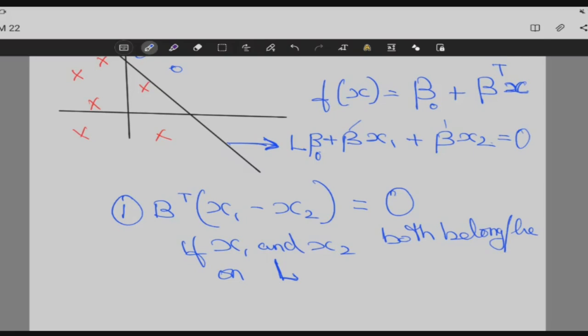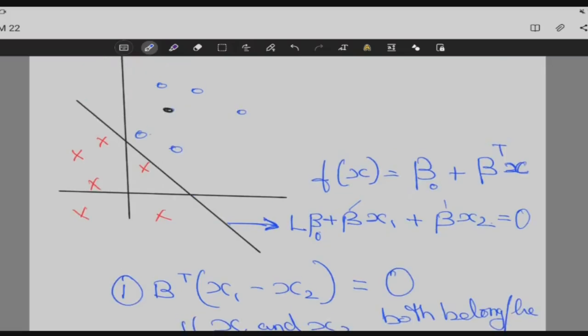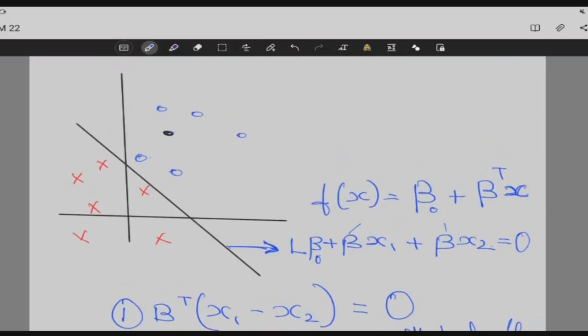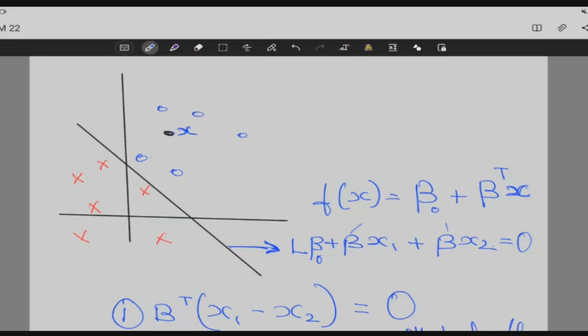Okay, right. So let me assume there is a point x, and there is a normal to the plane, beta.